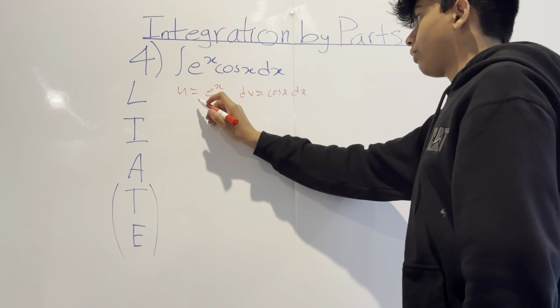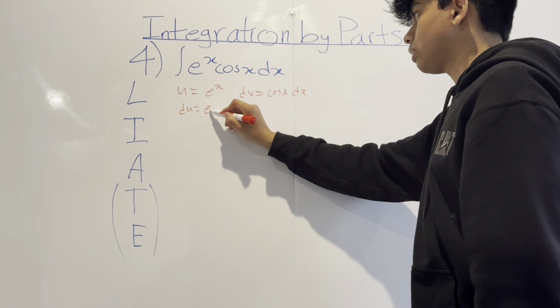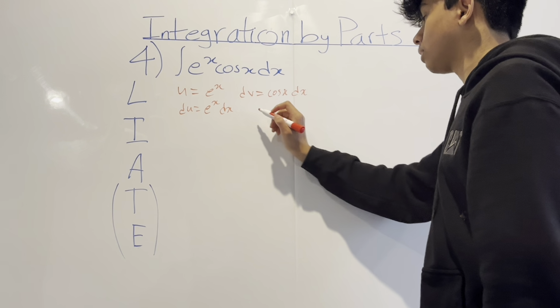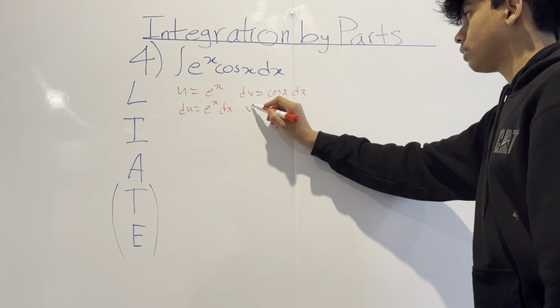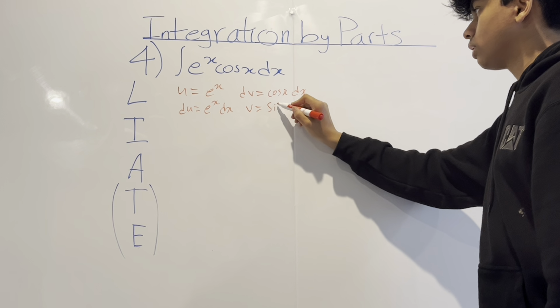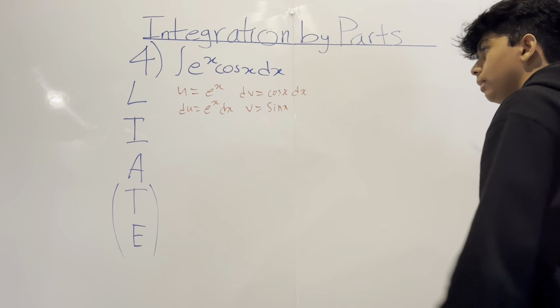And now let's differentiate u. So du equals the derivative of e to the x, which is just e to the x dx. And the integral of cosine x is, so v equals sine x. Okay, now let's plug into the formula.